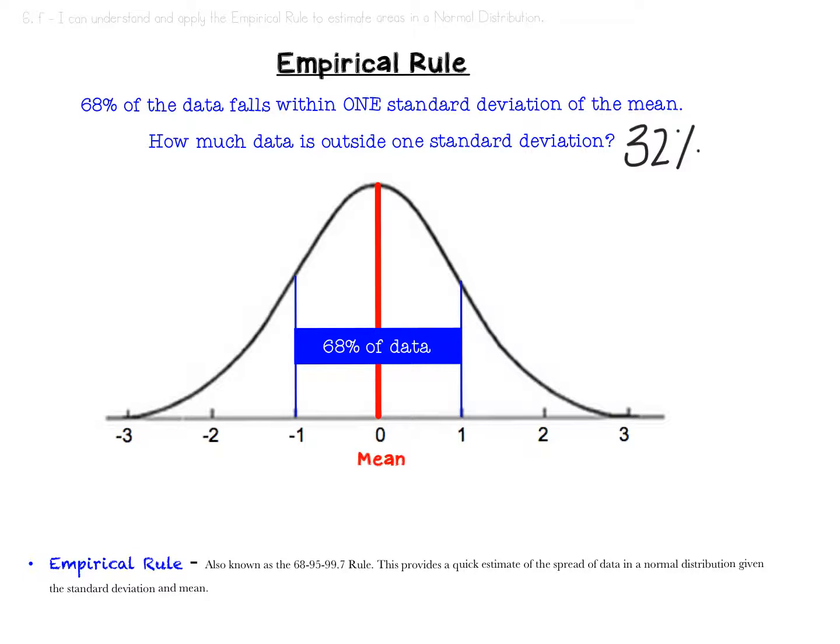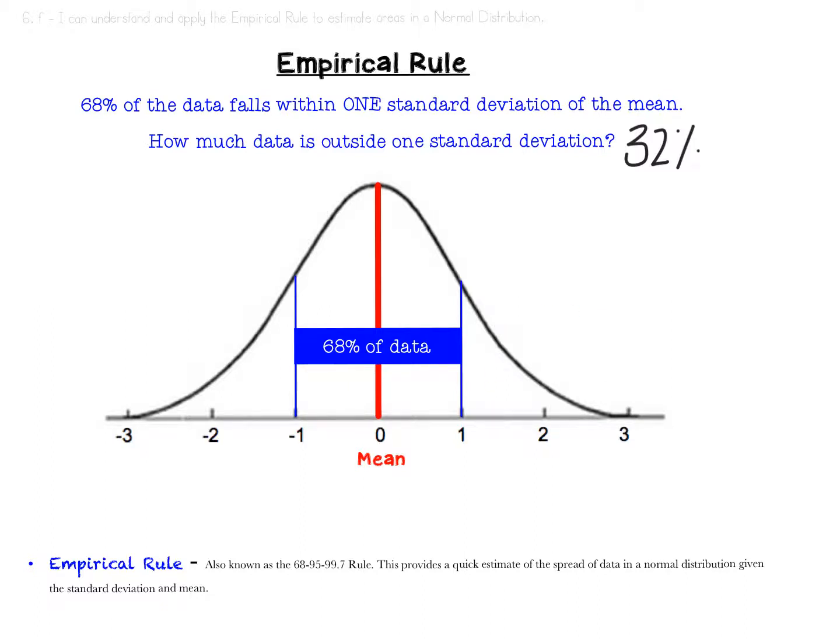And if this is a symmetric bell curve, what percent would be more than one standard deviation below, and what percent more than one standard deviation above? If 32% is outside, in either direction, what percent would be below and what percent would be above one standard deviation?